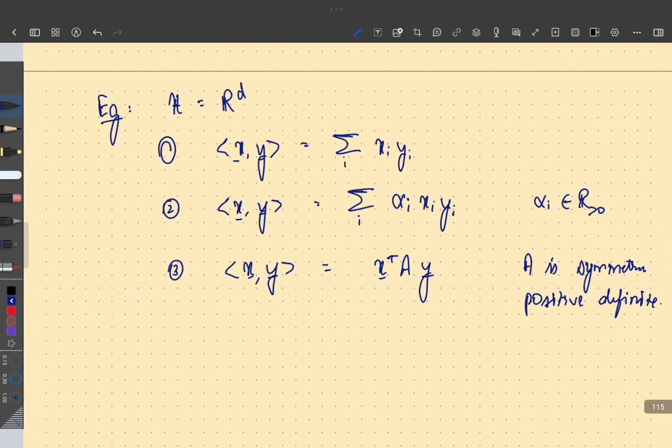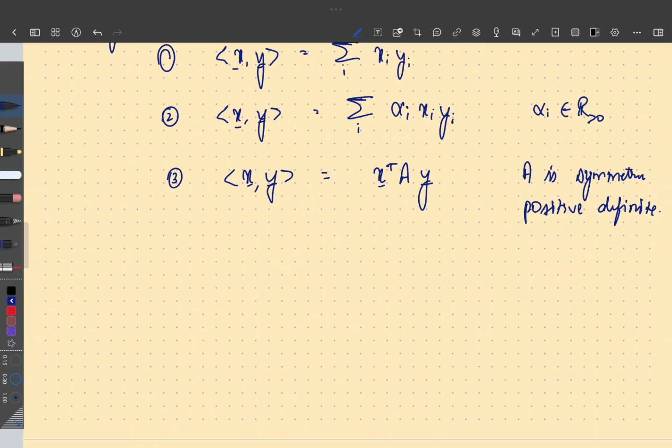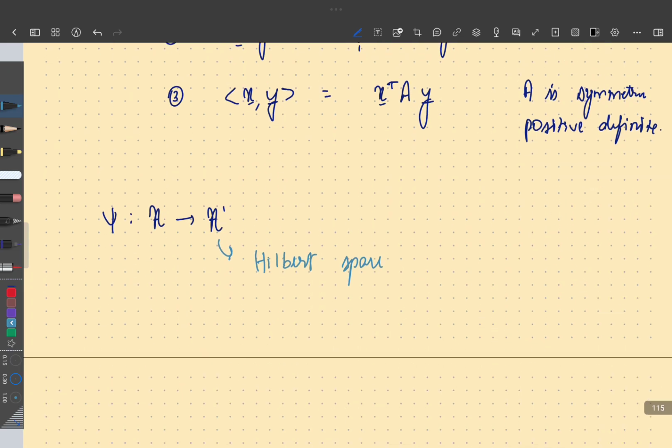So we'll always assume that when we're looking for an embedding into some feature space, the mapping from x to x prime, we'll assume that x prime is a Hilbert space. Or to be more precise, we look only for those embeddings which map our points to some Hilbert space.